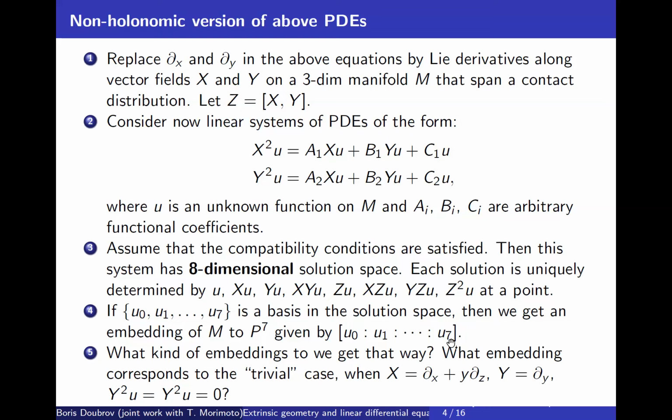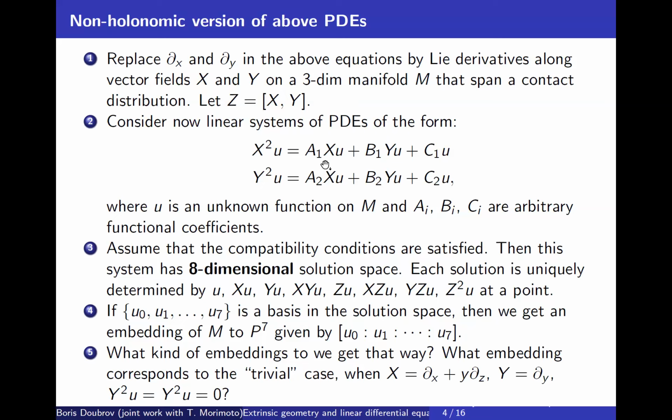Suppose we are just taking a trivial system as before. So suppose we take X and Y to be, for example, in a local coordinate system with some classical representation of the basis of a contact manifold.